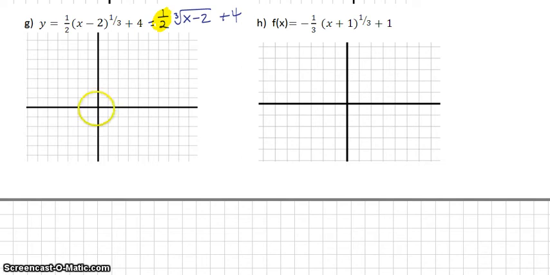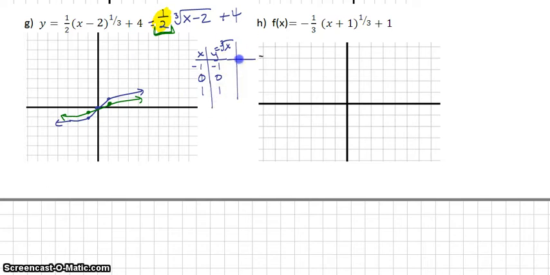So I will start by graphing my parent function. And it's even easier to do a stretch and shift with a cube root graph actually. So here's what's happening here. The 1/2 in front means instead of it going up to 1 and down to -1, it goes up to 1/2 and down to -1/2. And more specifically, if thinking about that chart really helped you from before, here's my parent function points I'm using.